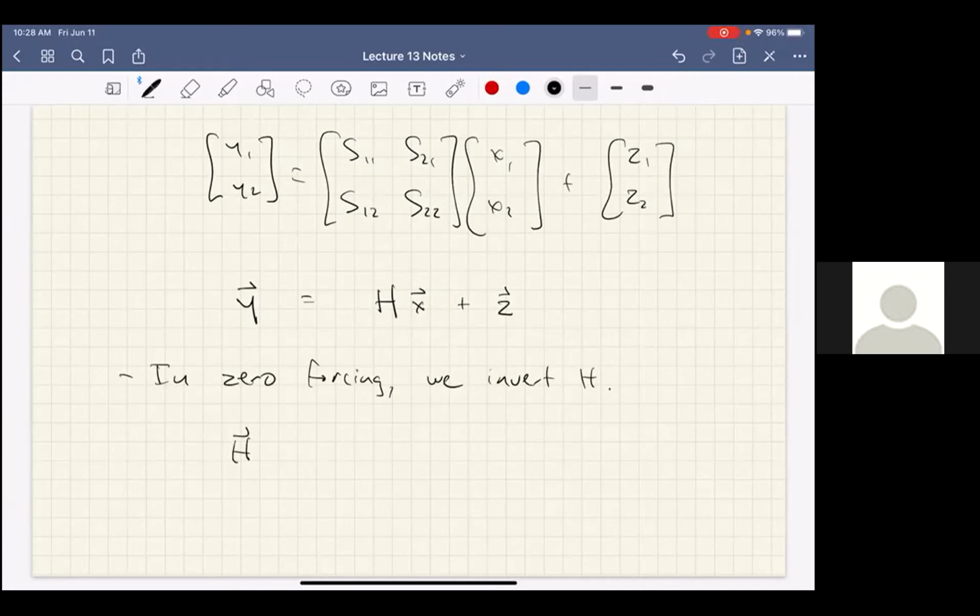H will generally be invertible because, at least in this scheme, your cross receivers will be further away than your true receivers. So these elements will be larger than those. So this matrix should be invertible. So H inverse y is equal to x plus H inverse z. This is a linear combination of Gaussian noises, so this will still be Gaussian.